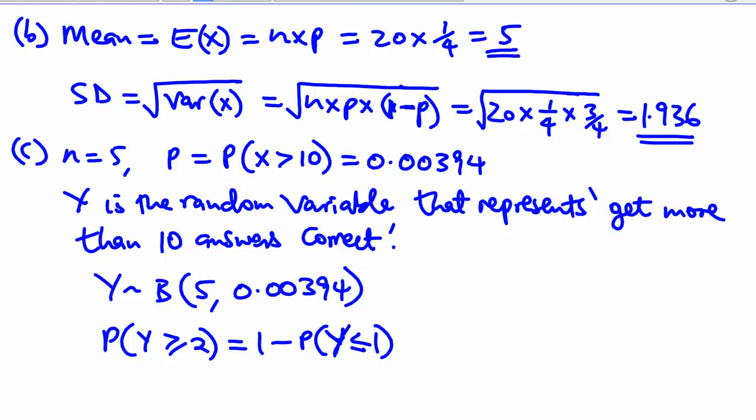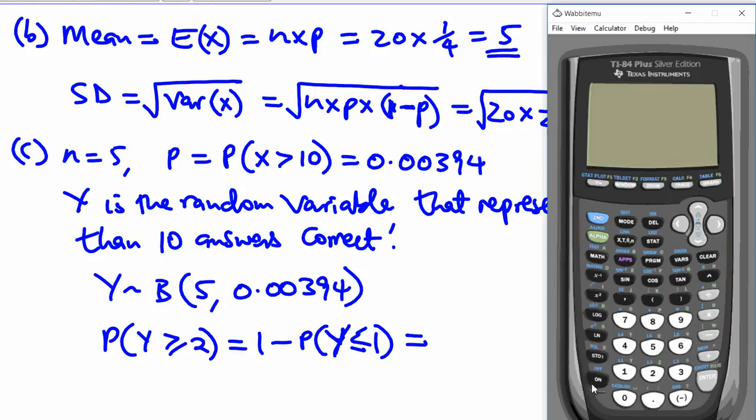That is the same as 1 minus the probability Y is less than or equal to 1. And you can plug this into the calculator the same way you plugged in the other answers. So if you go onto your calculator and plug this in, 1 minus, and you're looking for cumulative probabilities. Number of trials is 5.